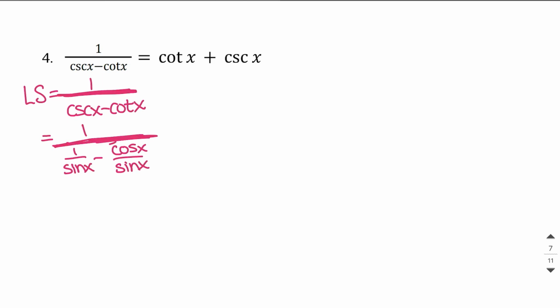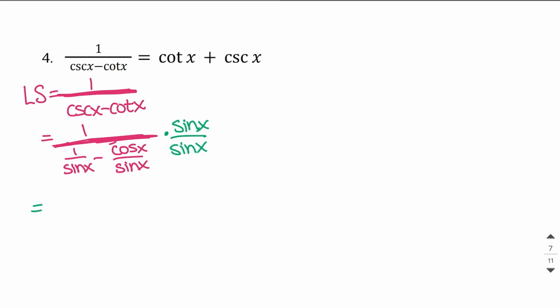Now, what I'm going to do next is I don't like the fact that I have fractions within fractions. I don't like these complex fractions. So I'm going to multiply everything, numerator and denominator, by the common denominator. Our common denominator is sine of x. So I'm going to multiply the numerator by sine of x and the denominator by sine of x.